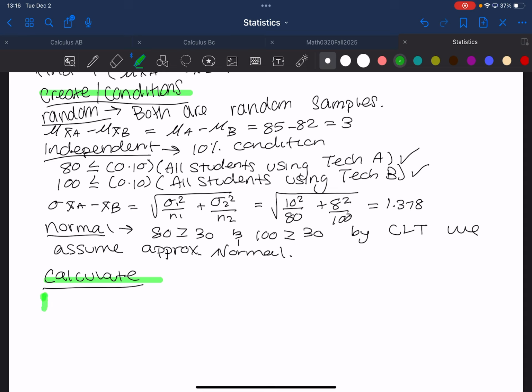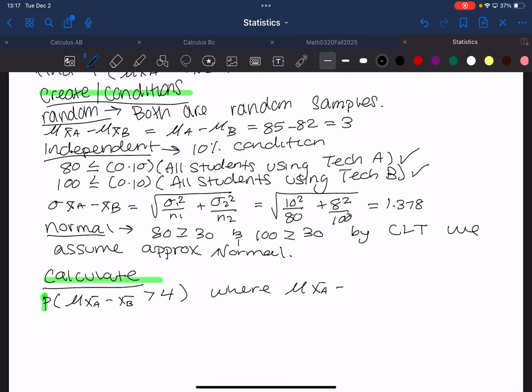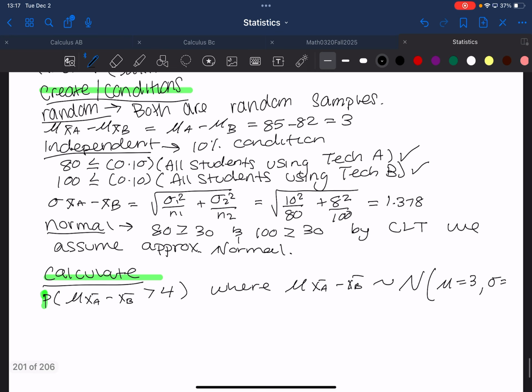That was that we're finding the probability that the difference of sample means XA bar minus XB bar is greater than 4, where XA bar minus XB bar follows a normal distribution of mu equal to 3 and sigma equal to what? 1.378.